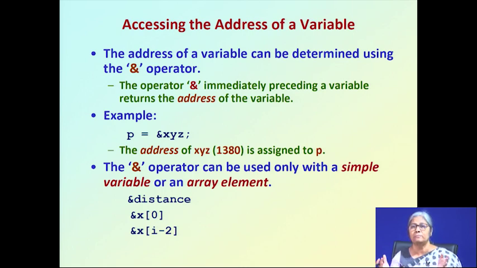Just for ease of representation and ease of access, we represent them as an array, like x i with i from 0 to 15, where x0, x1, x2 are as if separate variables kept together so that it is easier to access, store, and compute with these values. So ampersand always gives the address of one simple variable or an array element, not the full array.